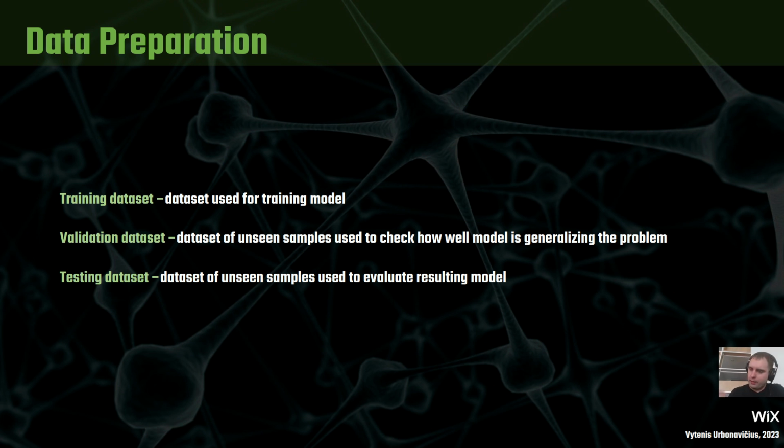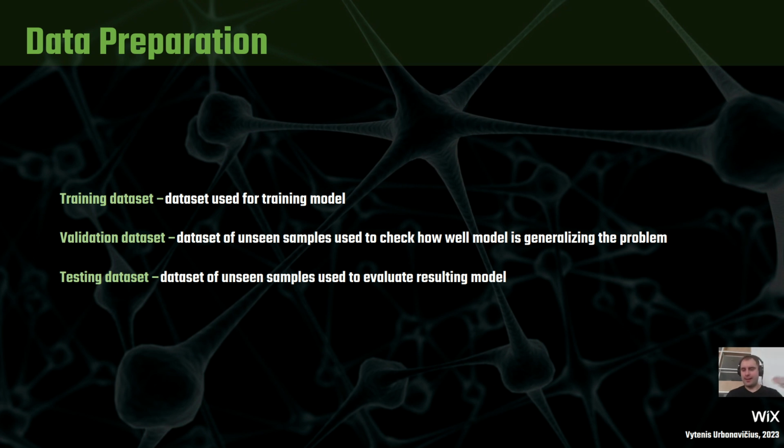But then we need a third data set. Again, it's one of the smaller data sets. When we finish the training process, we need to know how good our model actually is, whether we can actually use it in real life. So we need another data set of data that has not been seen by our neural network, and not just not seen, but a data set which has not participated in training the neural network in any way.